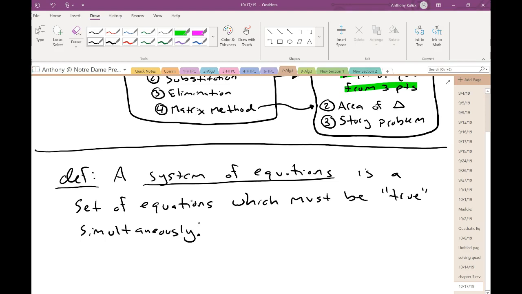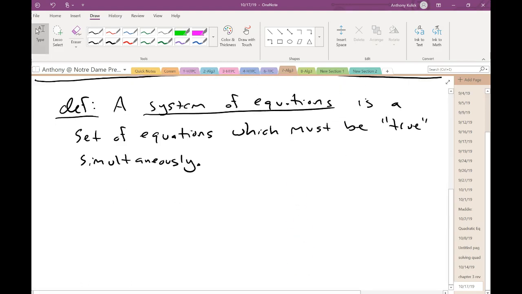What that means is that if we find a solution for that system, that solution has to satisfy all of the equations. So, little quick example here.